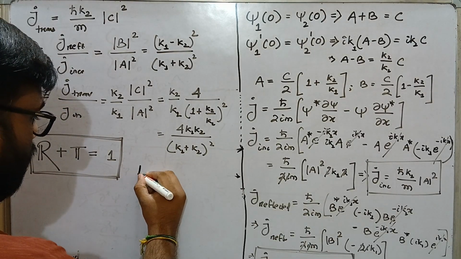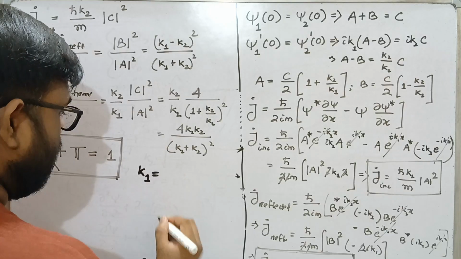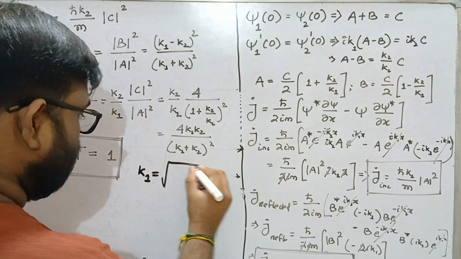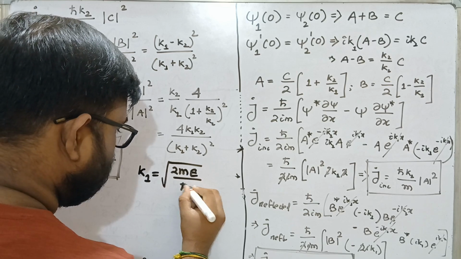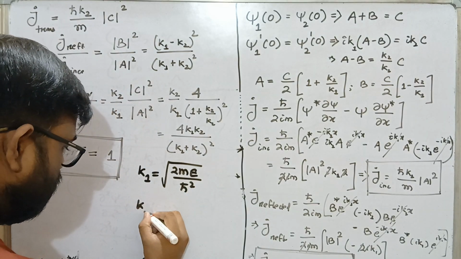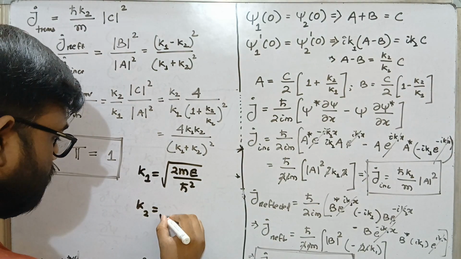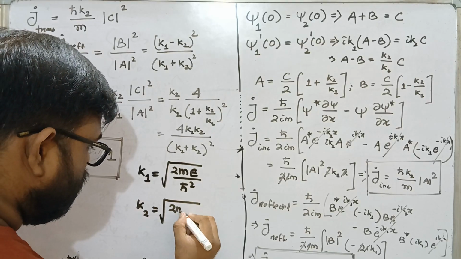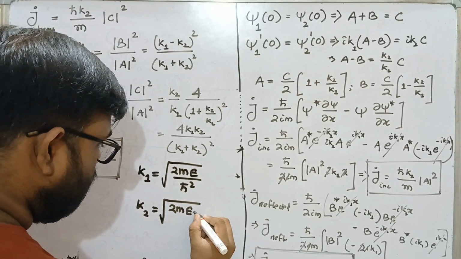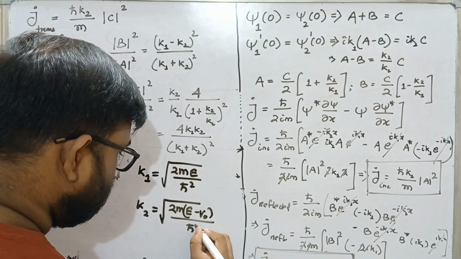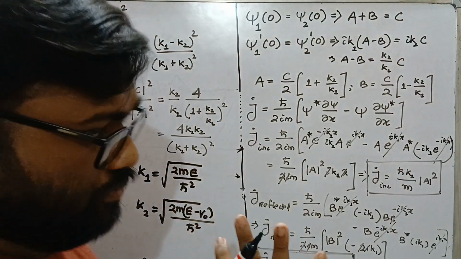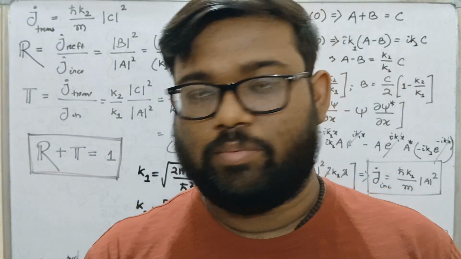Look, k1 is denoted as root over 2mE by ħ square. k2 is denoted as root over 2m(E minus V naught) by ħ square. This is very much known to everybody.